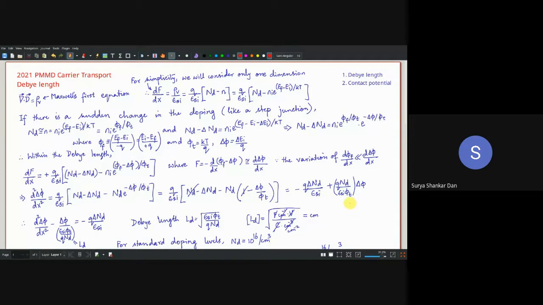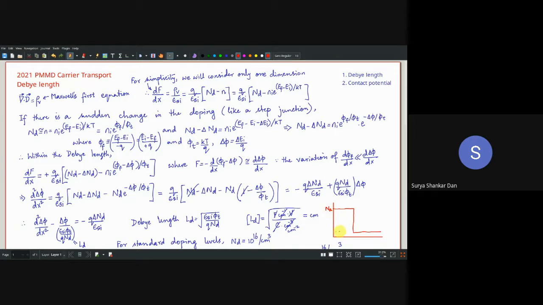So what we are essentially meaning right now is that let us assume that we are having one doping variation from here. Ideally we would expect it to be a perfect doping like this. Okay, so here we are going to have Na, anything.